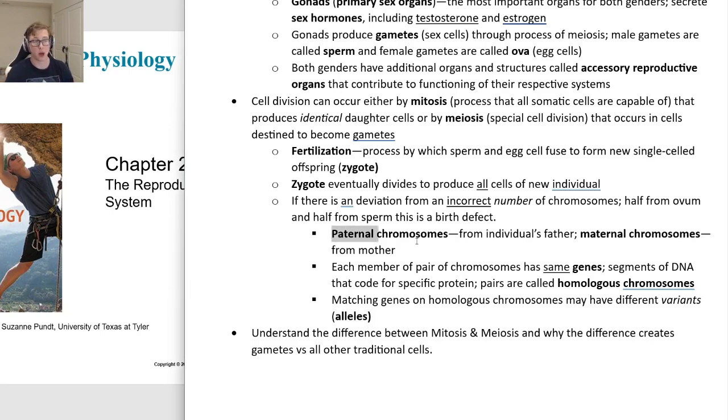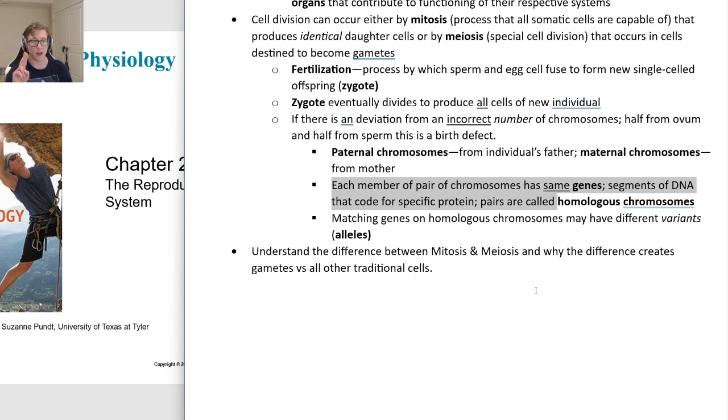Now, paternal chromosomes come from an individual's father, and maternal chromosomes come from the mother. Each pair of chromosomes has the same genes, and those are just segments of DNA. And pairs are called homologous chromosomes. Matching genes on homologous chromosomes have different variants, or alleles. Tripping over all my words tonight.